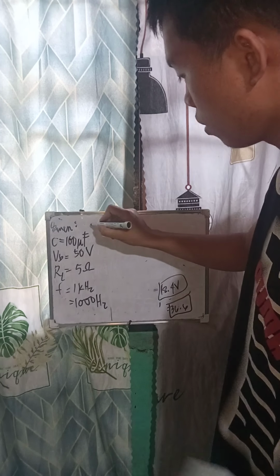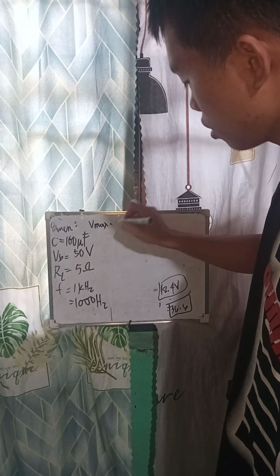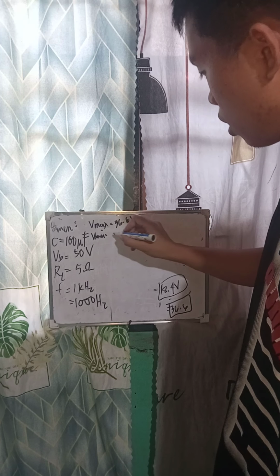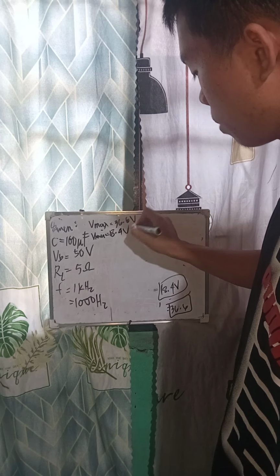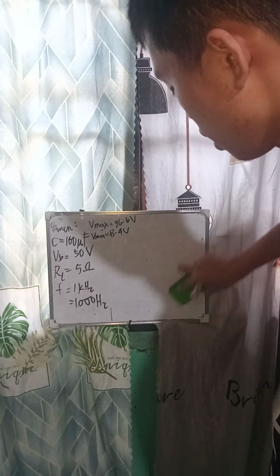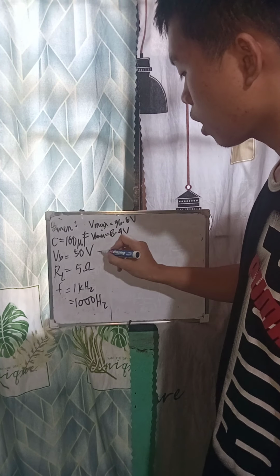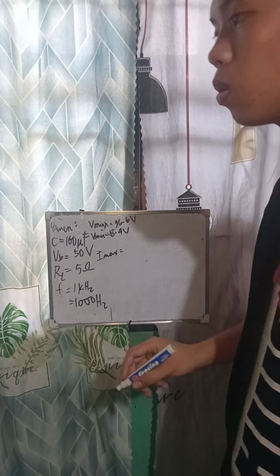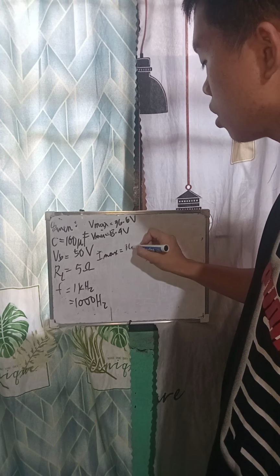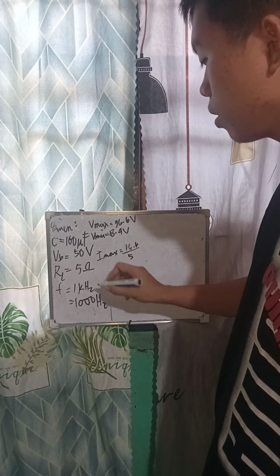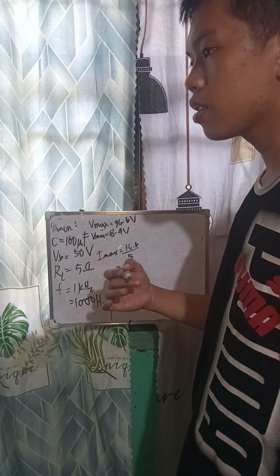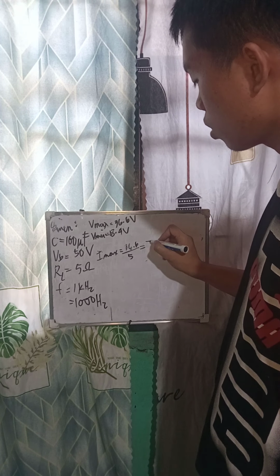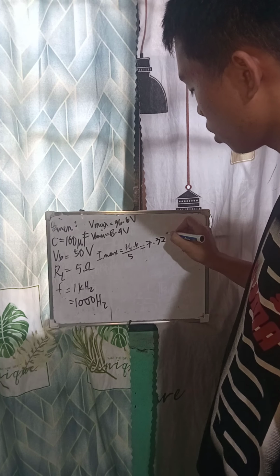We have the V maximum equal to 36.6 V and the V minimum 18.4 V. But first thing first, we have to solve the I. I almost forgot to solve the I. So I for the maximum is equal to 36.6 divided by 5, because just like in Ohm's law, I is equal to V over R. So 36.6 divided by 5 is equal to 7.32 amperes.